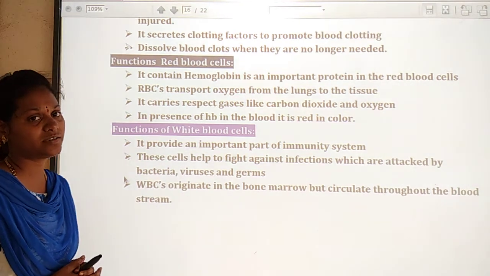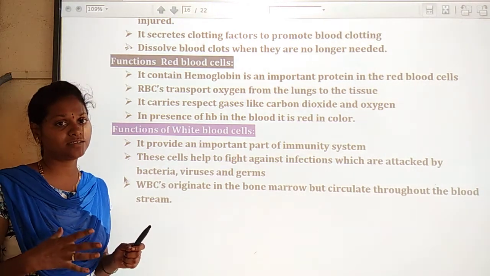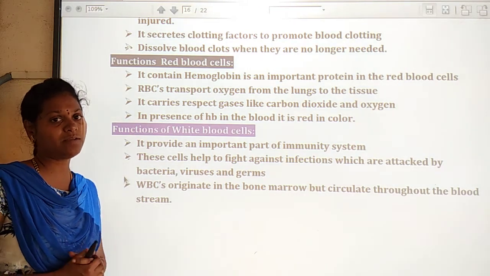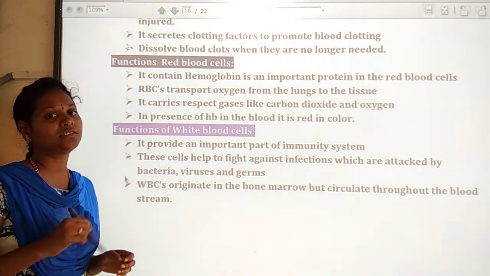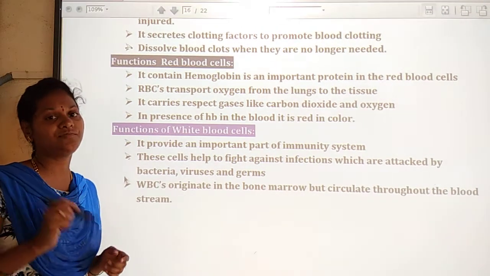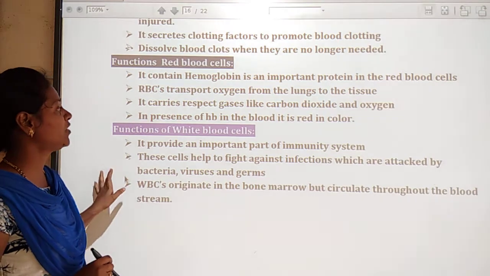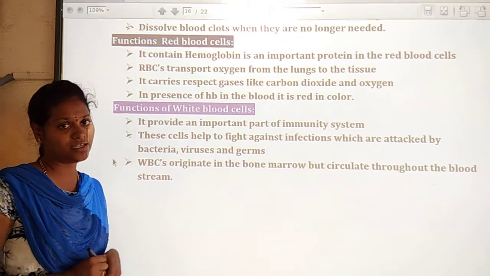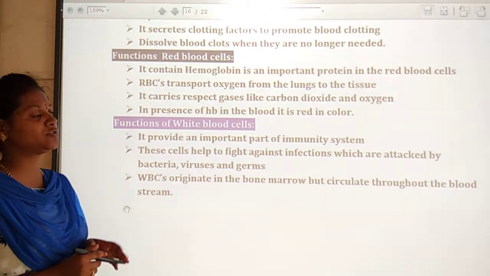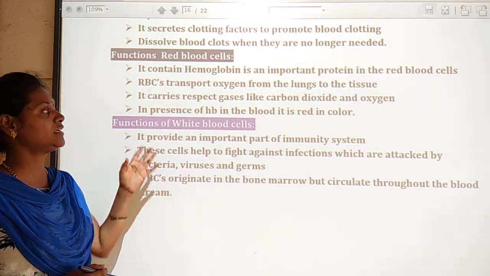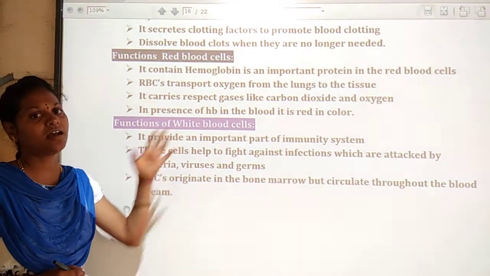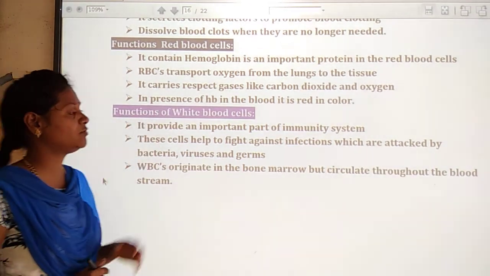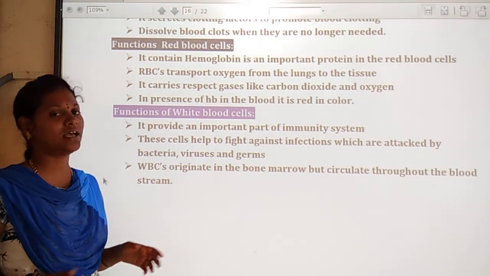So it can carry oxygenated blood from lungs to the different parts of the body. And one more thing, it carries respective gases like carbon dioxide and oxygen in our body. And also in presence of the hemoglobin the blood looks red in color.